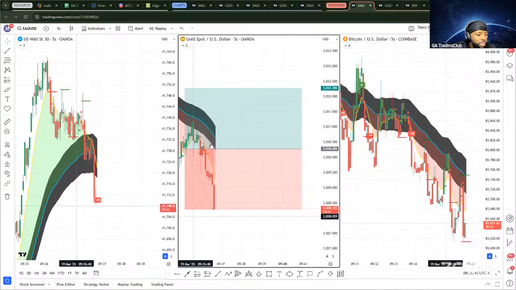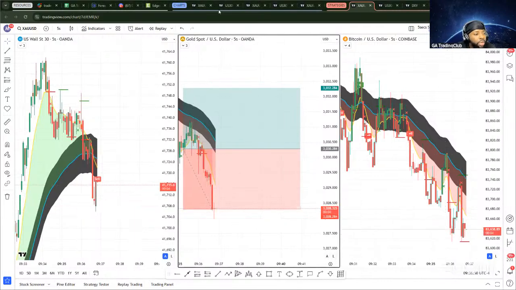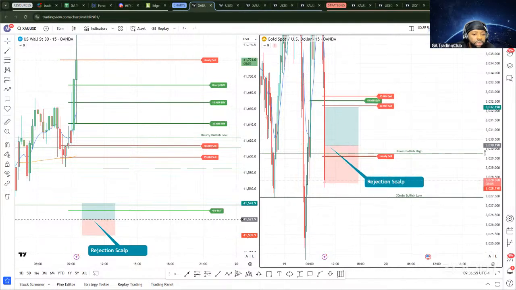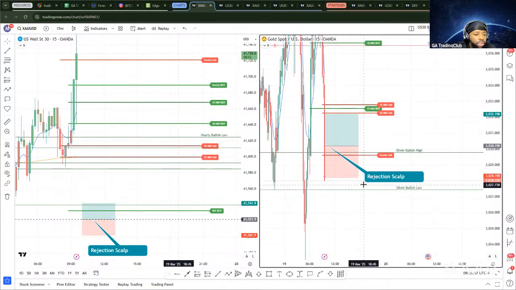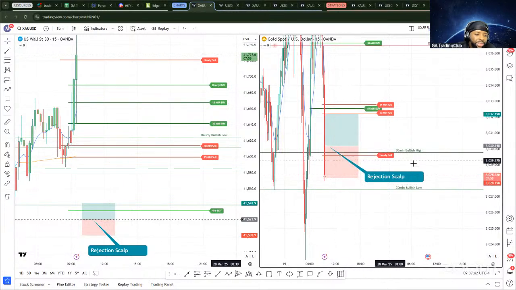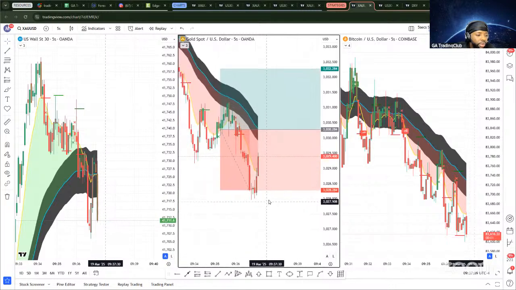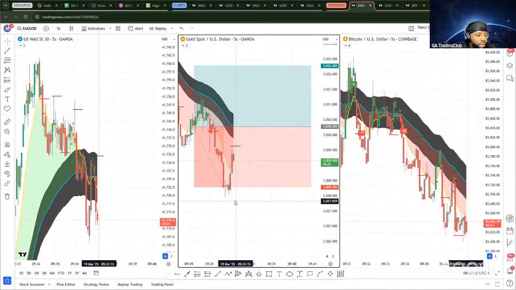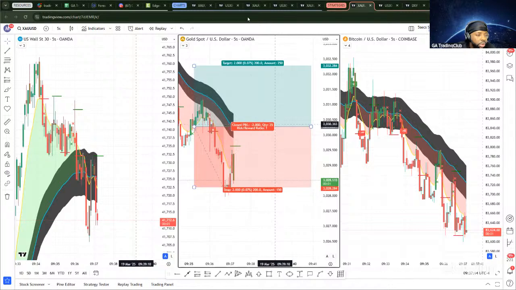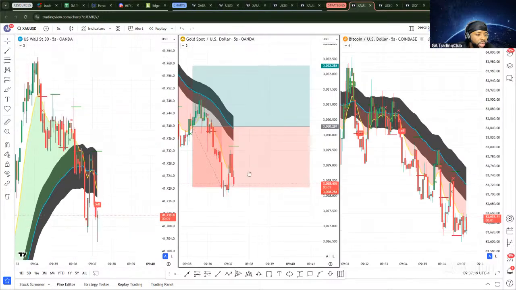All right, so this one got stopped out. Let's see. There's another one for the hourly sell. 3028.5.